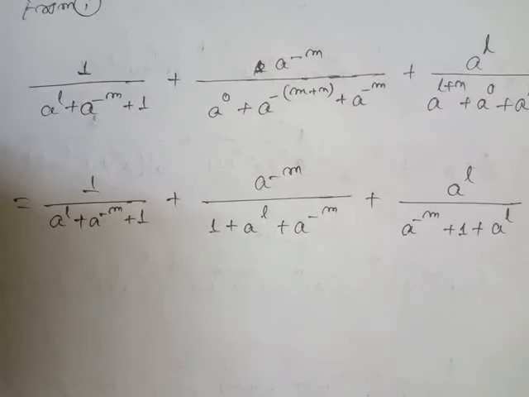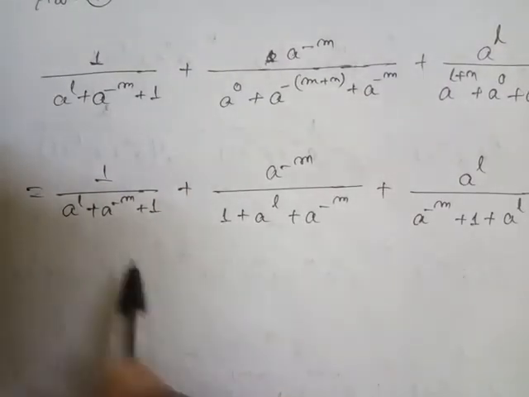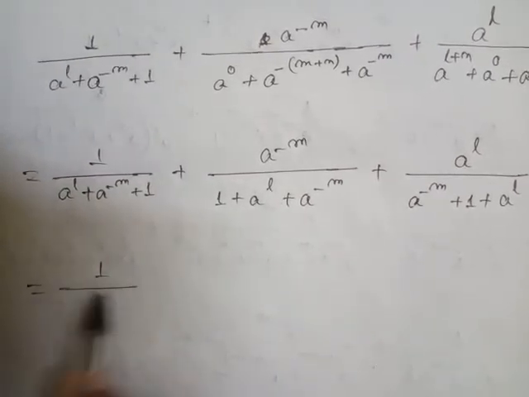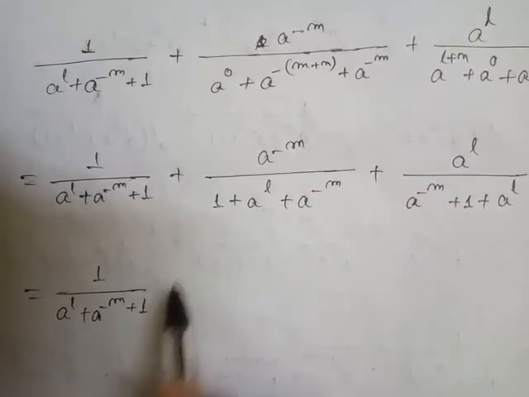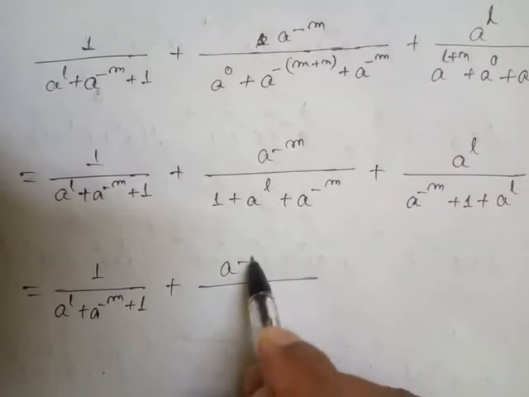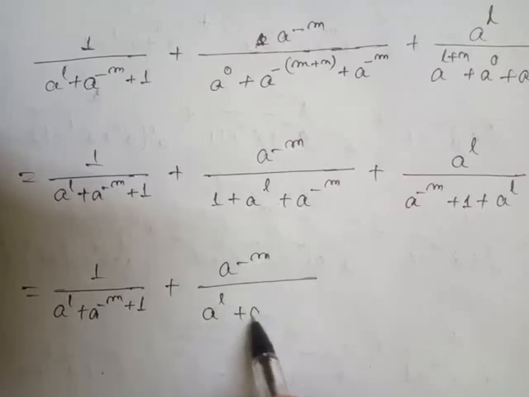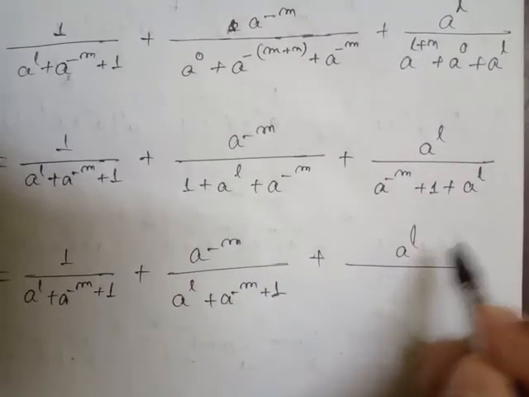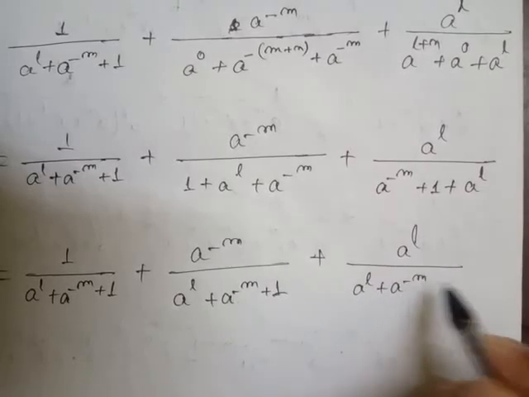Now look here students, all these denominators are same, but we just need to make some changes here. This will remain same, a to the power L plus a to the power minus m plus 1, plus a to the power L plus a to the power minus m plus 1, and next one a to the power L, then a to the power L plus a to the power minus m plus 1.